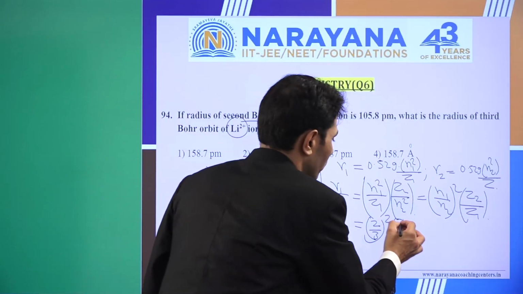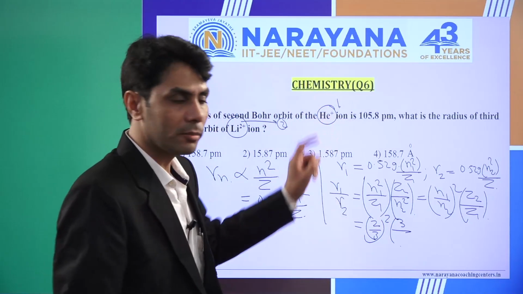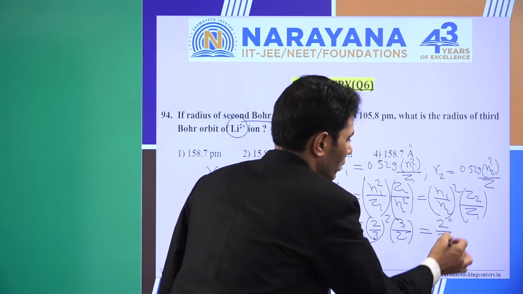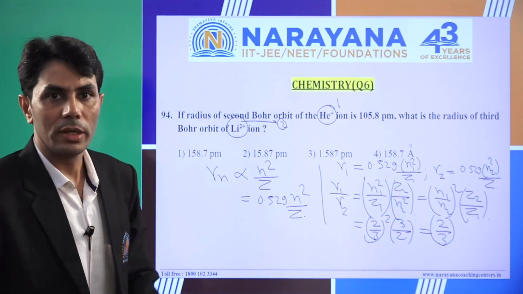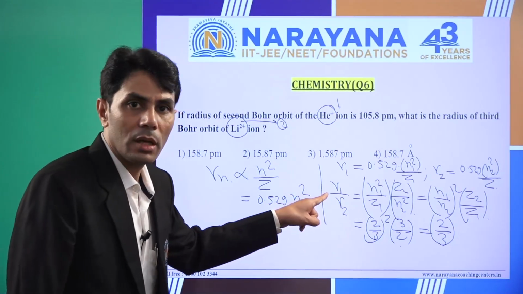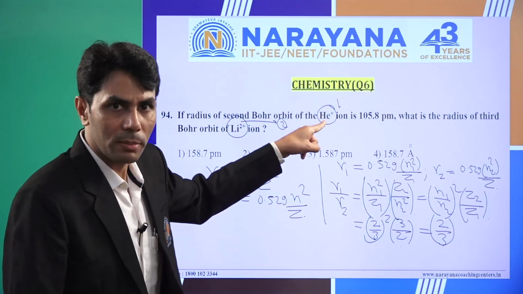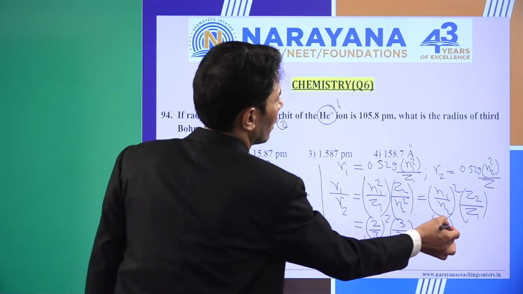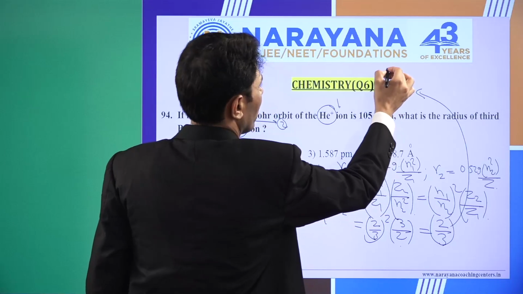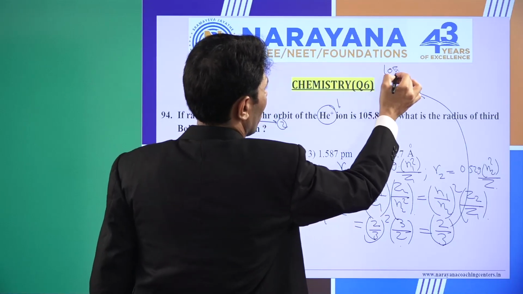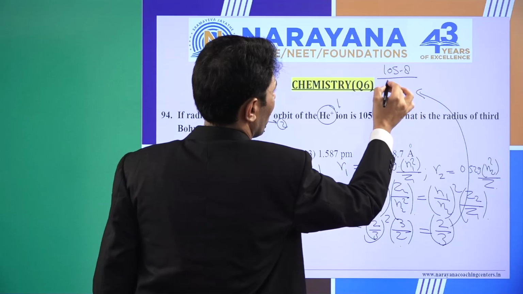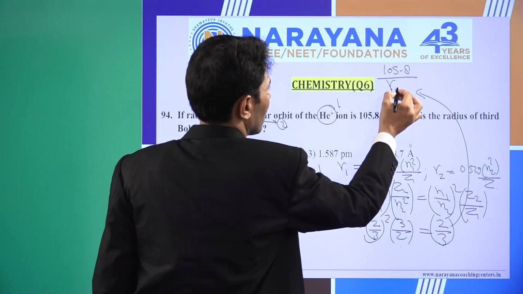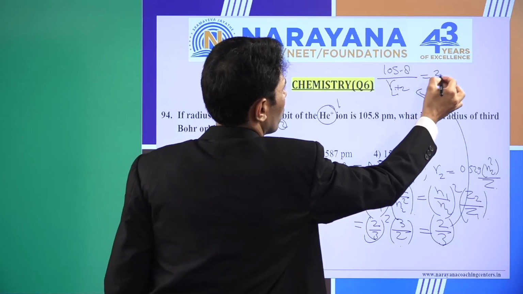It is 3, and for helium it is 2. So it is effectively 2 by 3. What is R1? R1 is the radius of the helium ion, which is 105.8 divided by R2, the radius for Li plus 2 ion, equal to 2 by 3.